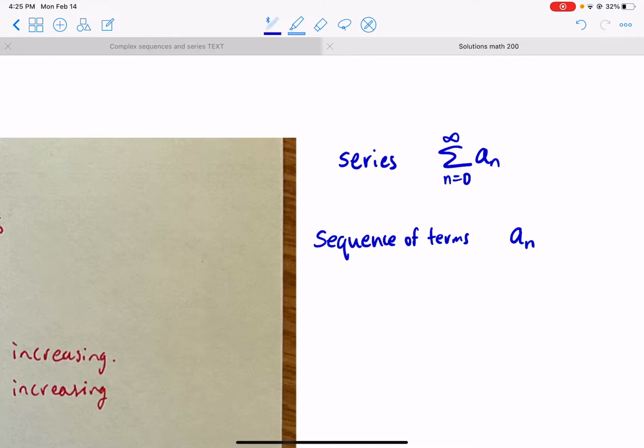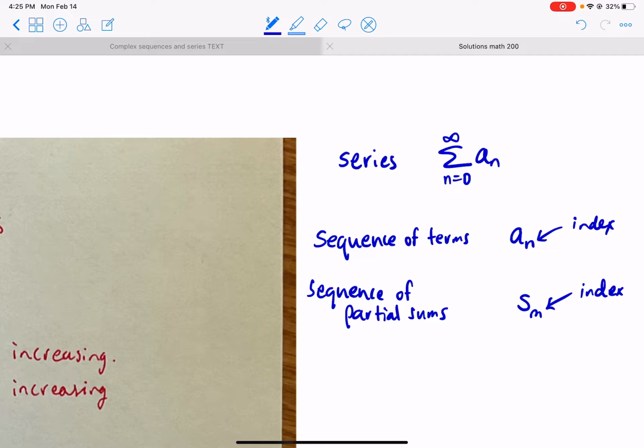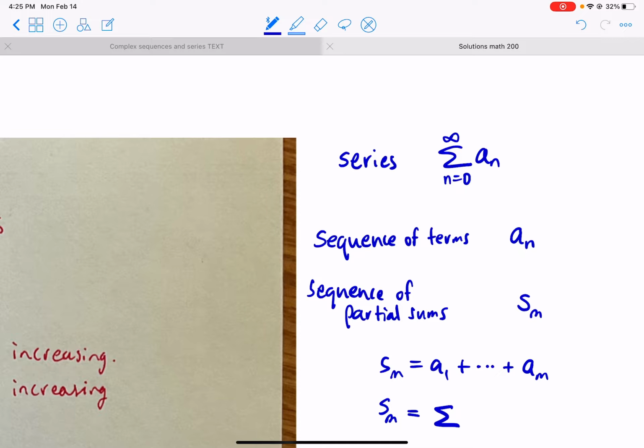Okay, so then, associated to a series, there's the sequence of terms, and there's another sequence, usually denoted S sub m or S sub n, depending on what you want to name the index. Now, what is S sub m? Well, it's a1 plus a2 plus ... a finite sum. If you want, you could write S sub m equals the sum of the a sub n, where n goes from 1 to m.